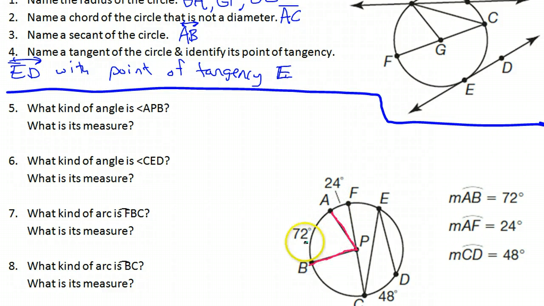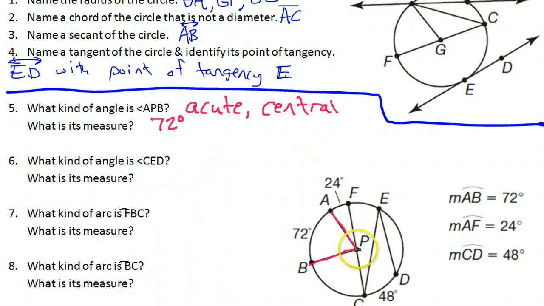Well, this is an acute angle, and its measure is 72 degrees. Oh, you know, it's acute. Maybe they mean that it's a central angle. It's an acute central angle because its vertex is at the center. Maybe that's what they mean. Either way, its measure is 72 degrees because when you have an angle at the center, the measure of the arc and the angle are the same.